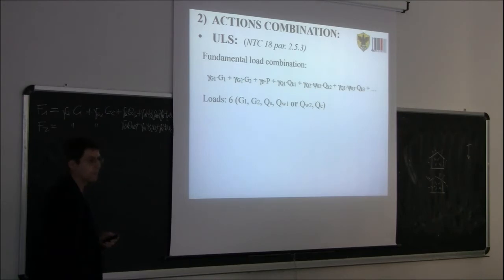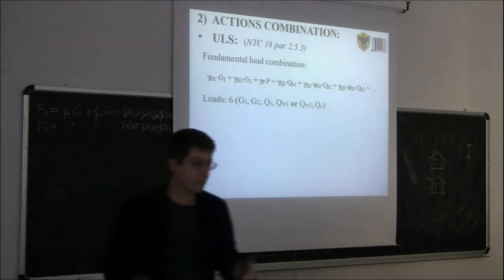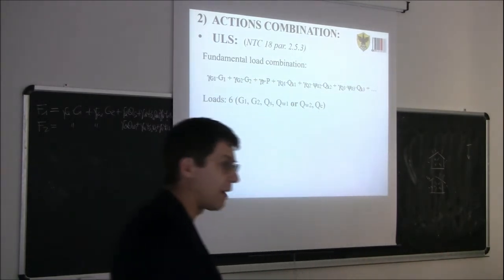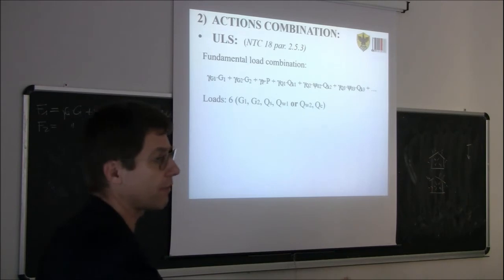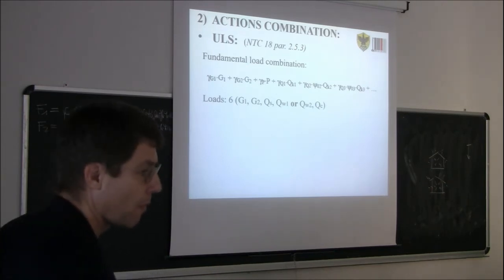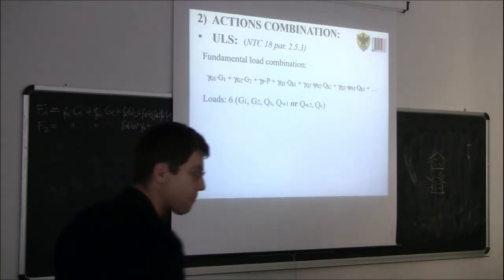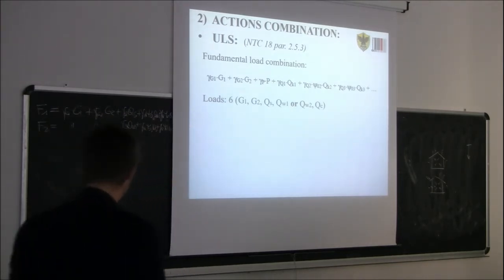Okay? Is this what is needed for the reinforced concrete? Now I asked what would be the load condition that we would have to consider in case of a reinforced concrete structure. And then we will see there are some more to consider in the case of timber. Okay? Then, next.